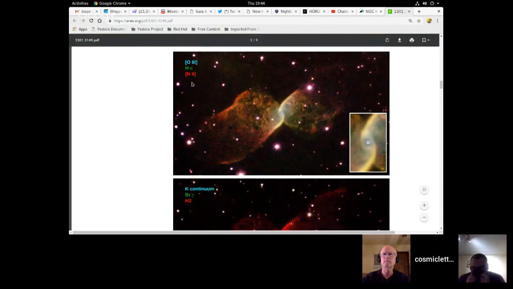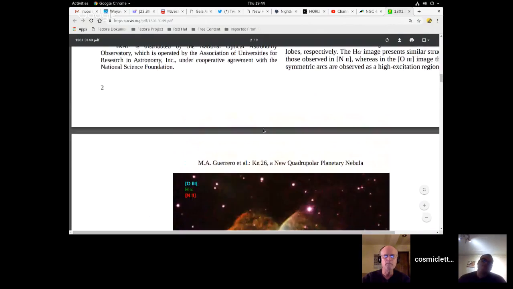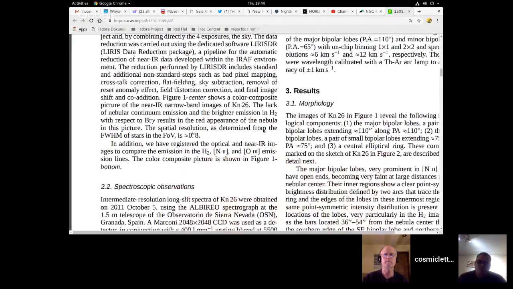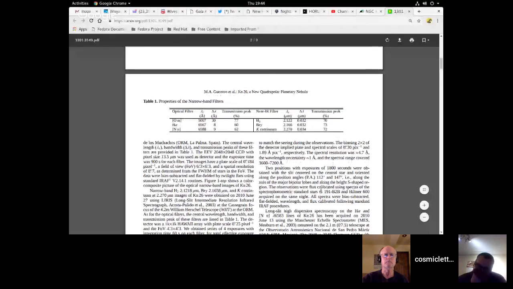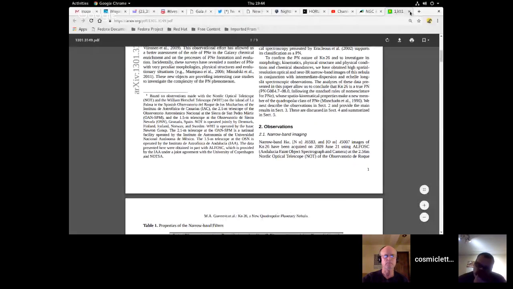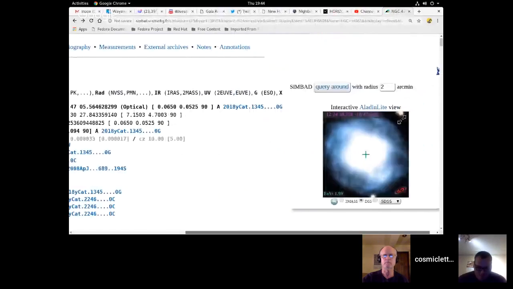So here's O3, N2, and hydrogen alpha in green. Sometimes it's hard to understand all these things, but that's why I like to look at it. Okay, well, enough of that. Let's take a look at this over here.